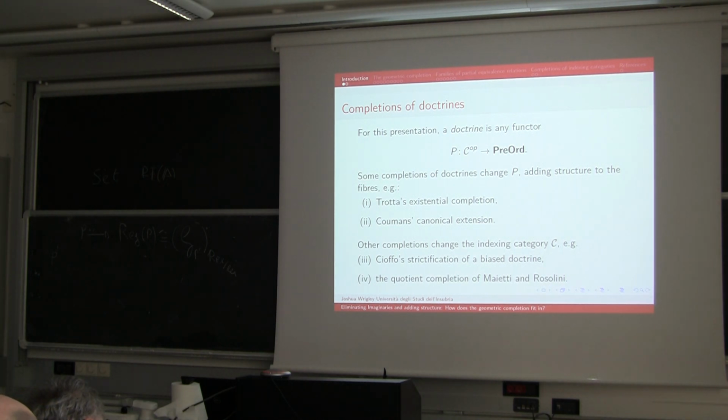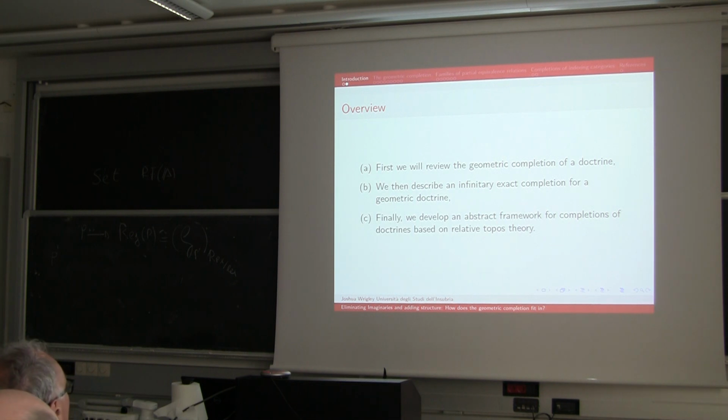So to give an overview of what I'm going to talk about, I'm going to review this geometric completion. We've seen how to complete to existential logic; I'm going to review how we can complete to geometric logic.